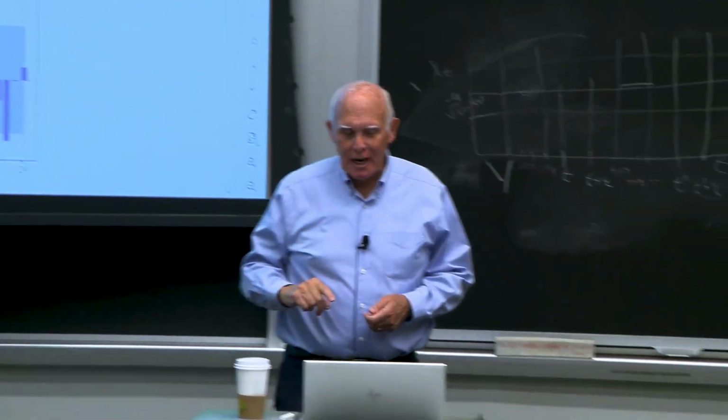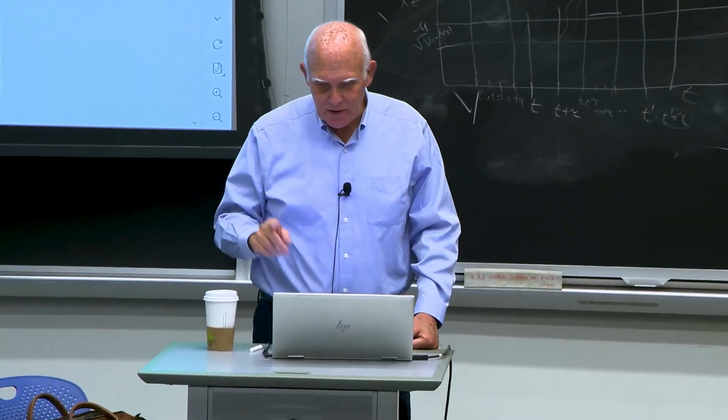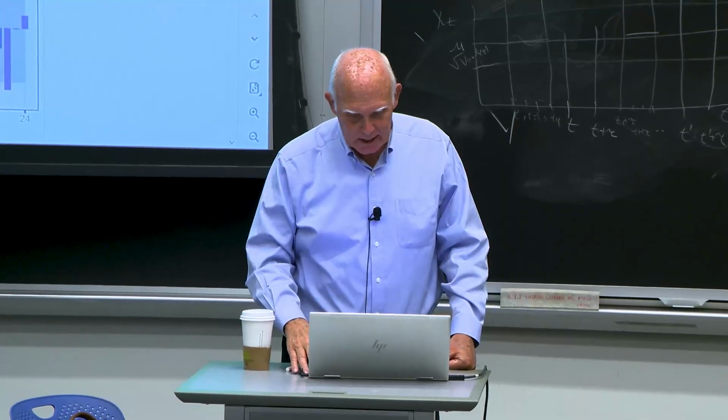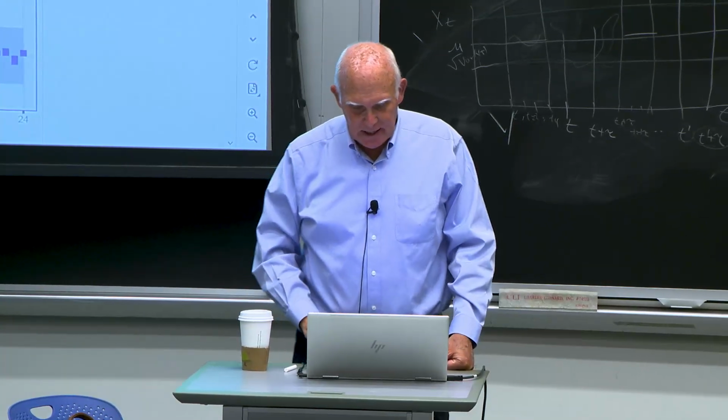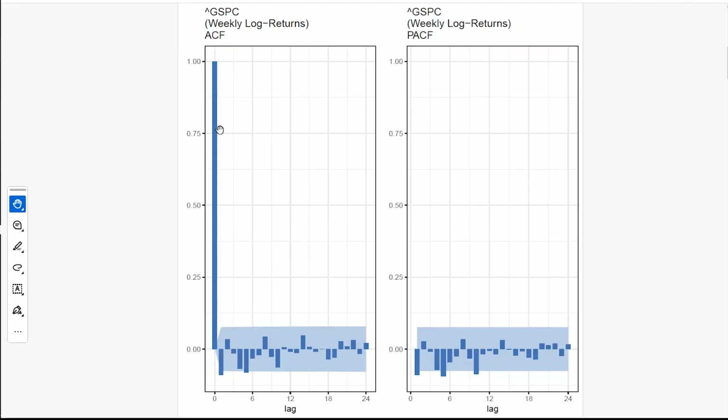Now, let's take a look at how these autocorrelations vary as we vary the frequency. Here's the weekly frequency for the computation of log returns. And we have this pattern where perhaps there's some significant negative autocorrelations at, say, 5 weeks apart.